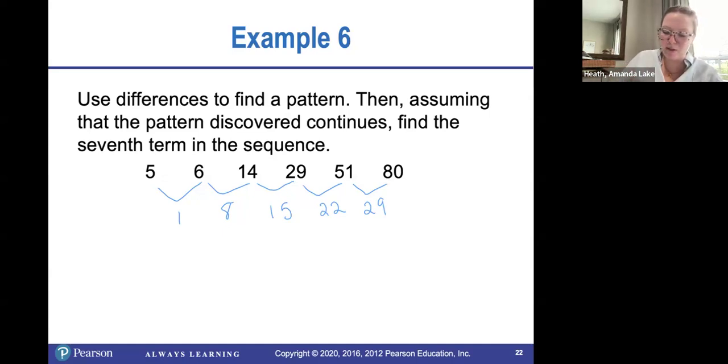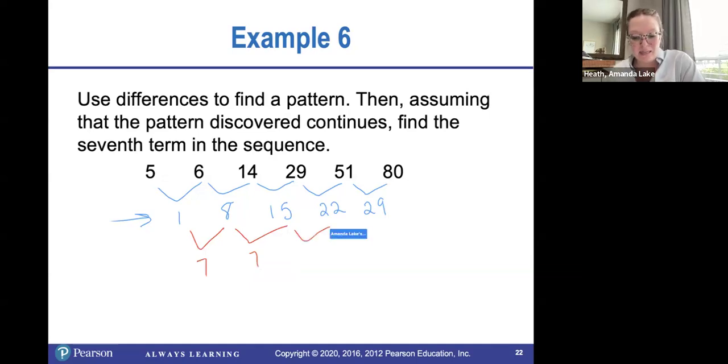So if we look at this sequence here, 1, 8, 15, 22, 29, what you'll actually see is that this is an arithmetic sequence. 1 plus 7 is 8. 8 plus 7 is 15. 15 plus 7 is 22. And 22 plus 7 is 29. So the terms in the given sequence are adding by an arithmetic sequence.